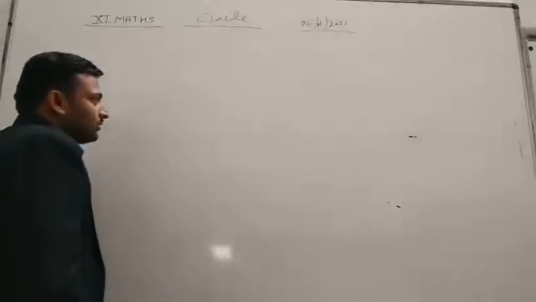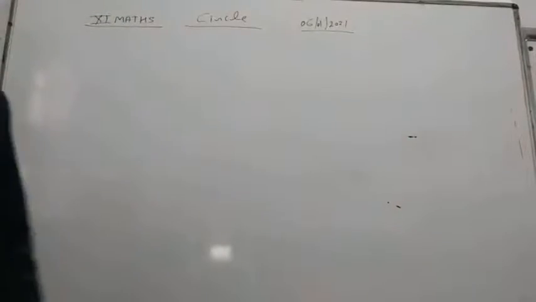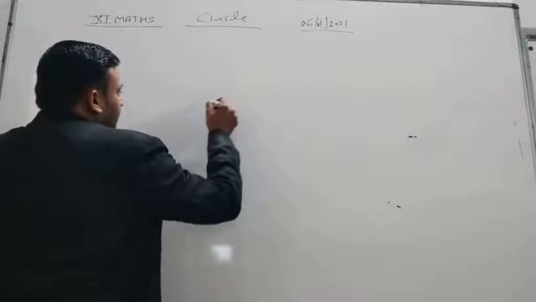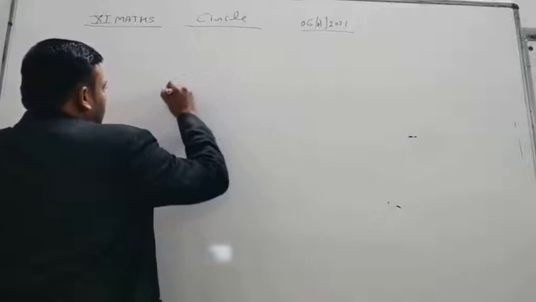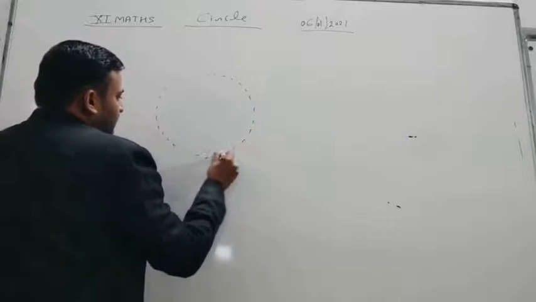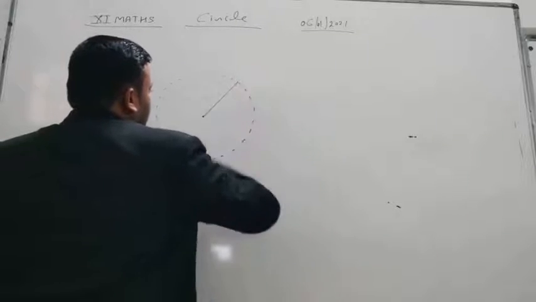A circle is defined as a locus of a point in a plane whose distance from a fixed point remains constant.